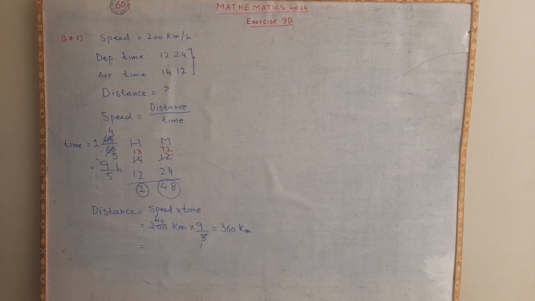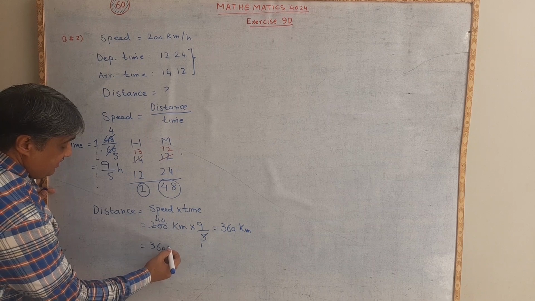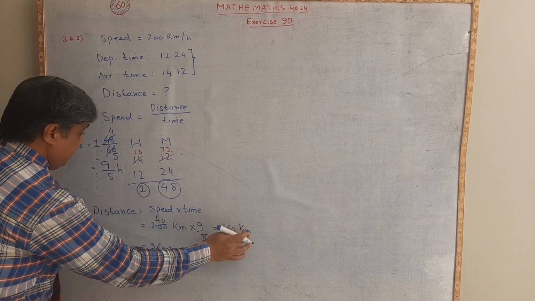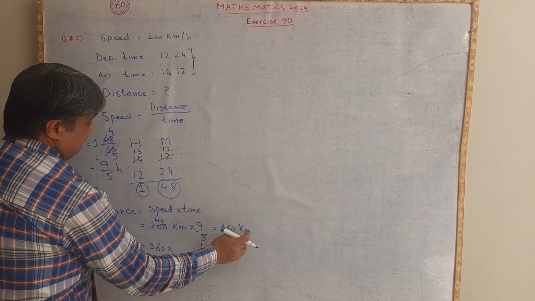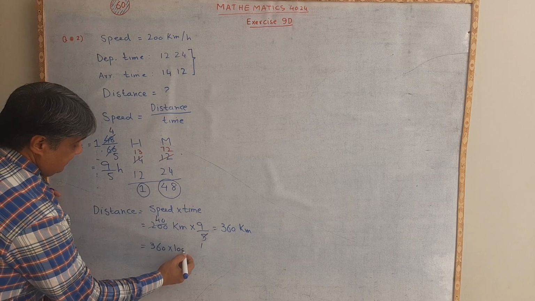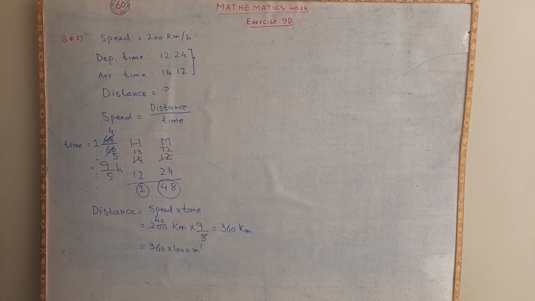But the question is asking to give your answer in meter. Very simple way. 360 multiplied by kilo. Kilo means we only want to be left with this m. So instead of kilo, we can write 1000.